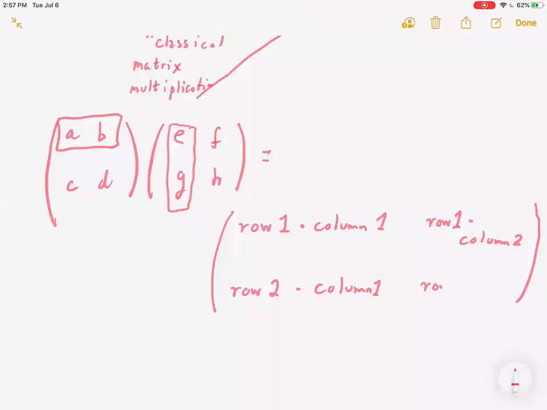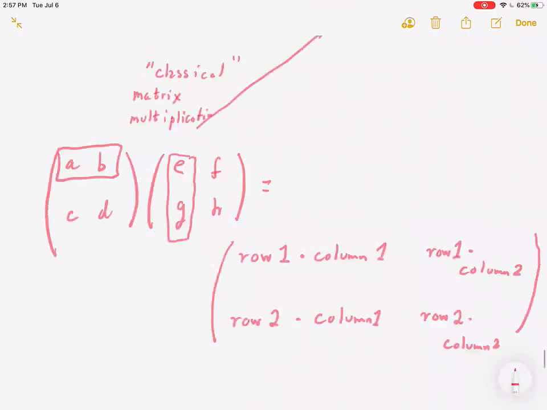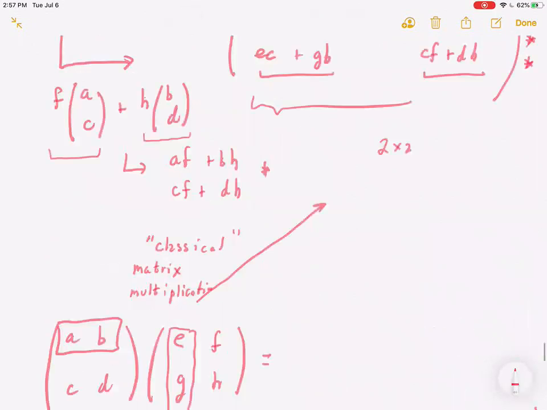And the 2,2 matrix element is row 2 dotted into column 2. And if you go through the trouble of writing out those matrix elements, you should discover that it's exactly the same as, so this is equivalent to, star, star, star.